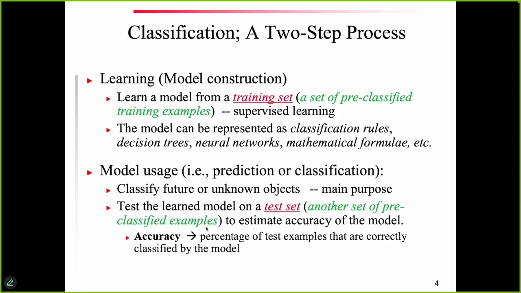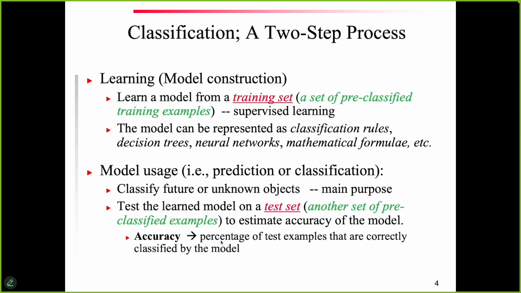Then we have the second step, which is actually using the model. Once you have created your model, you want to apply it to new, for example unseen, data. You can use it for prediction, or for evaluating the model using your test set. The test set has true labels, but they are hidden from the model, so you can compare the predictions with the true labels and measure accuracy.